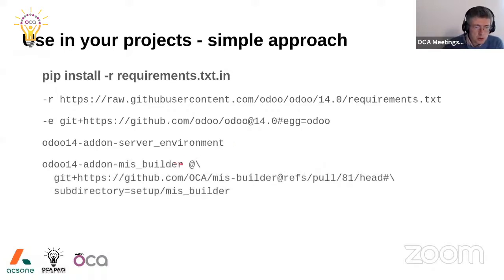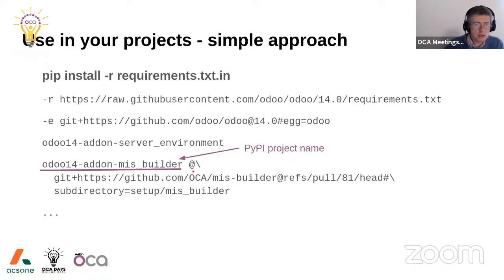But you can also depend directly on an unmerged and unpublished branch by using this syntax. And this is a mix of Python standard and pip syntax, which basically says, I want to install this project. So that's the PyPI project name. But I don't want to look at it in the index.